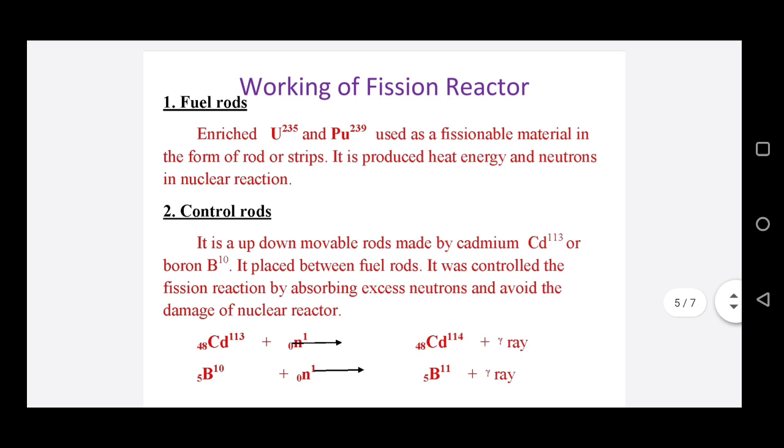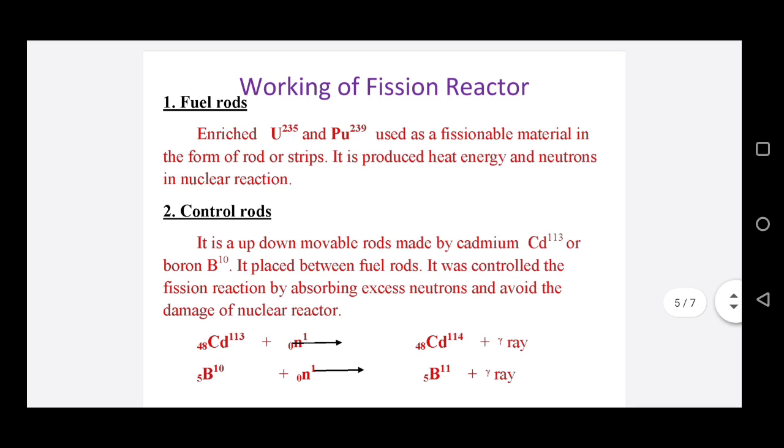When the operator wants to produce more heat, the control rods are raised out of the uranium bundle. By doing this, fewer neutrons are absorbed and hence more heat is produced. To produce less heat, the control rod is lowered and inserted into the uranium bundles.